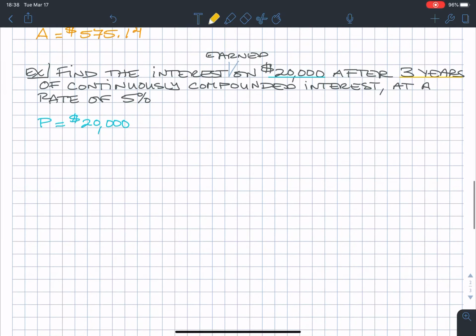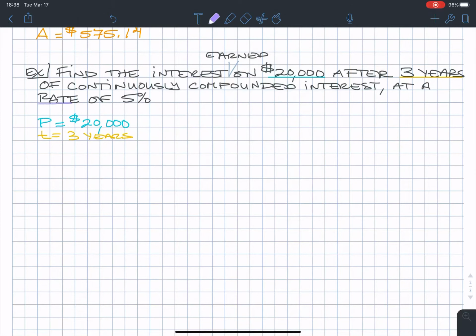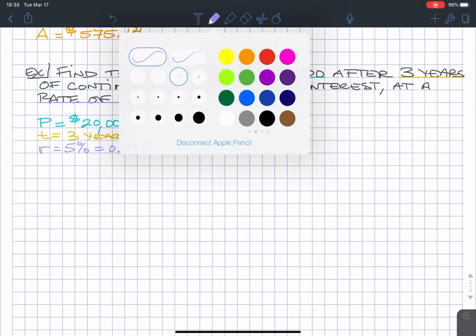So time is 3 years. And my rate, which I gave you and then asked for at the same time, which was silly, is 5%, otherwise known as 0.05.